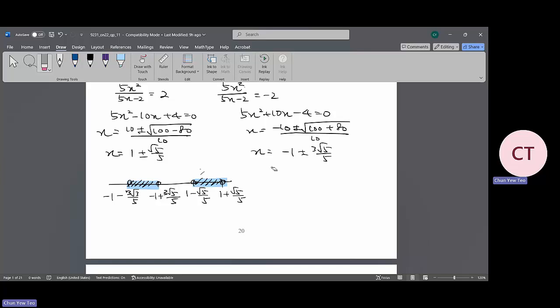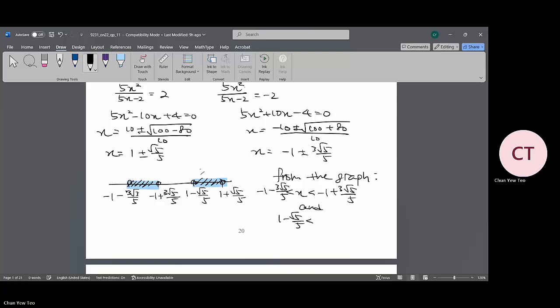From the graph, for the inequality of the modulus of the function less than 2, your x will be between negative 1 minus square root of 5 over 5 and negative 1 plus square root of 5 over 5, and another one between 1 minus square root of 5 over 5 and 1 plus square root of 5 over 5. So you have 2 answers.